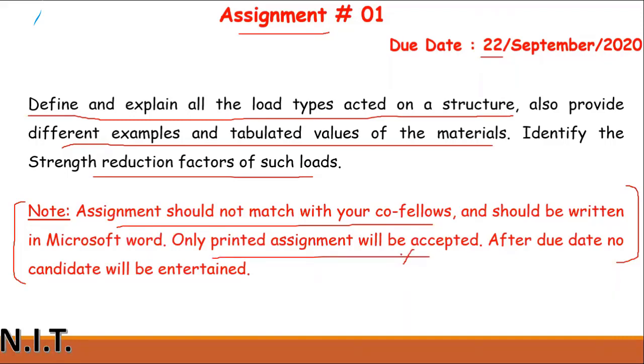After the due date, no candidate will be entertained.